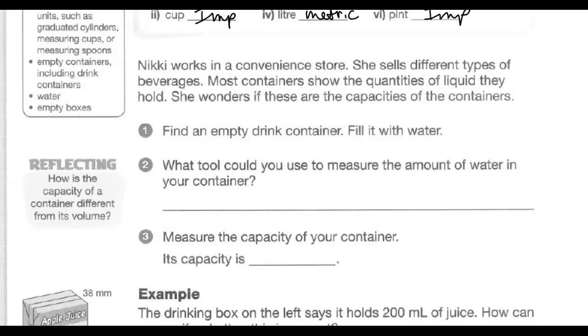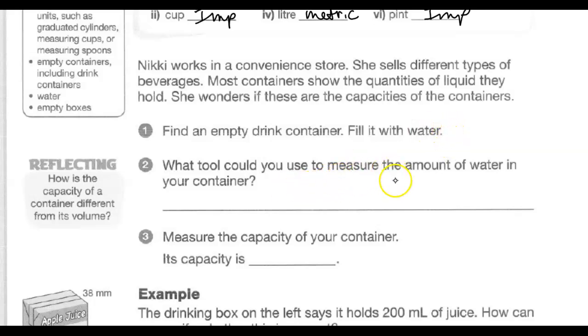So find an empty drink container, fill it with water. So you might use a can of pop. And if you take a look at it, the measurement on most cans of pop, I think, is 355 milliliters. Anyway, if you don't have one with you, we'll talk through it. You're to fill it with water.